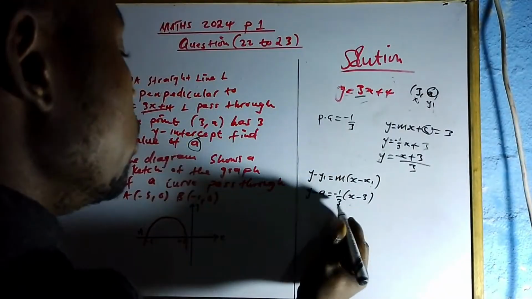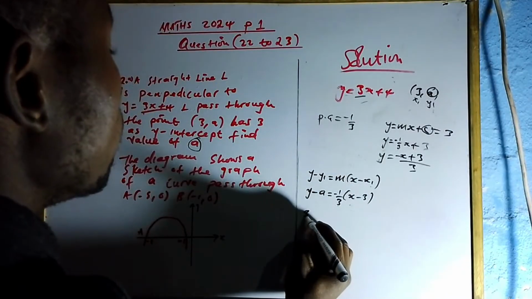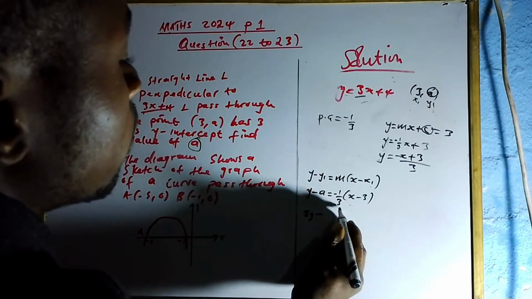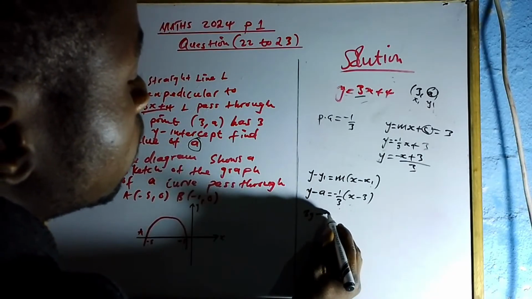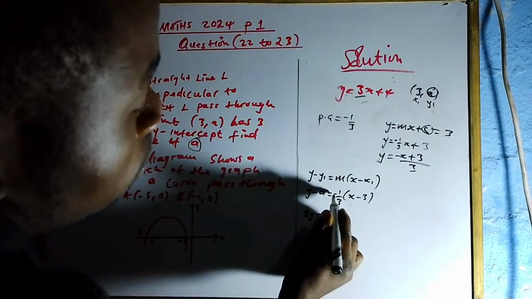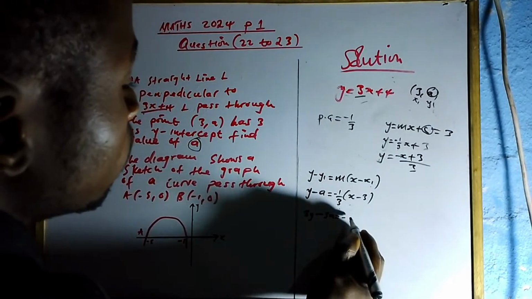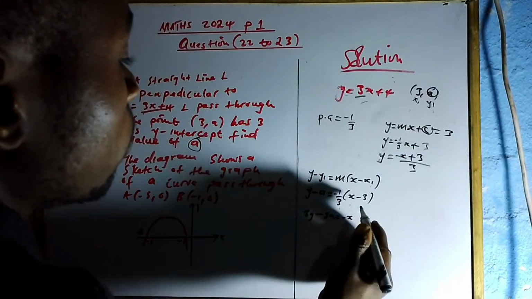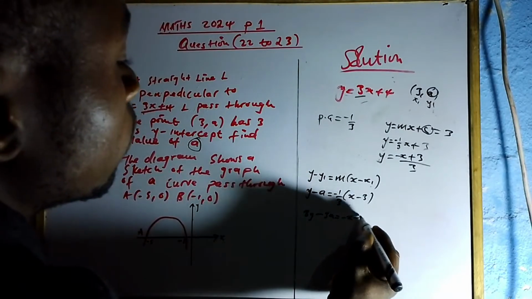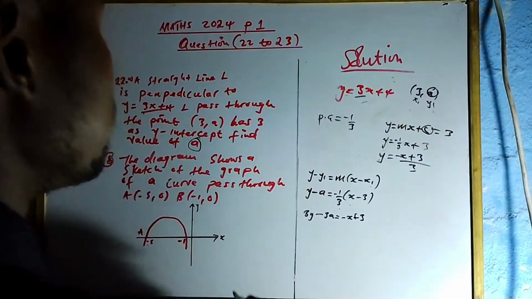Then 3 times y, we are going to have 3y minus 3 times A, which is minus 3A, which should be equal to, we have remained with minus 1 times x, which gives minus x, and minus 1 times minus 3 gives positive 3.